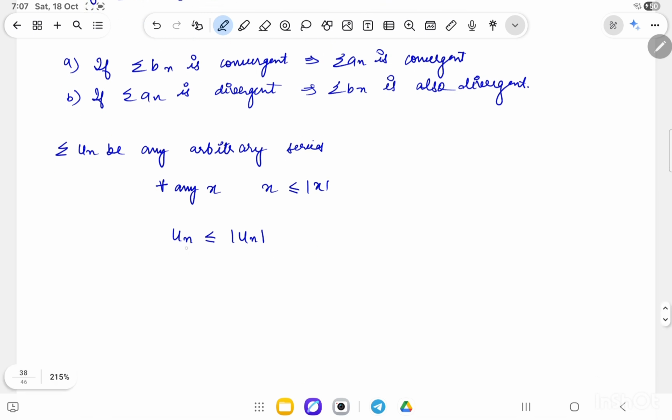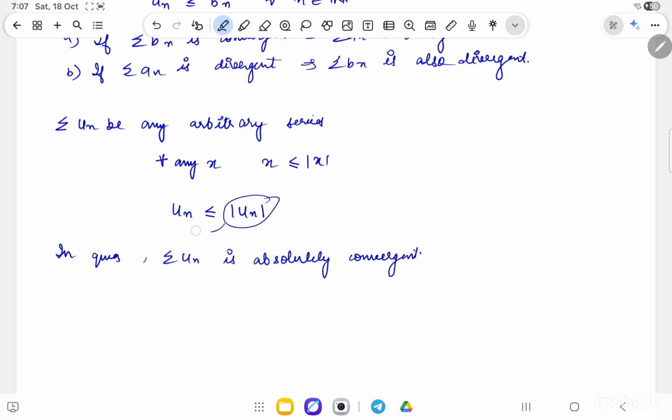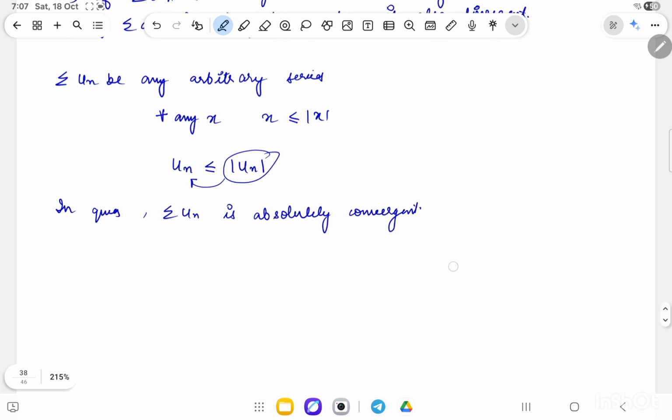So basically we have compared the series un with its absolute value series, and in the question it's given that the series is absolutely convergent, and the comparison test says that if this series is convergent, then the other series is also convergent.